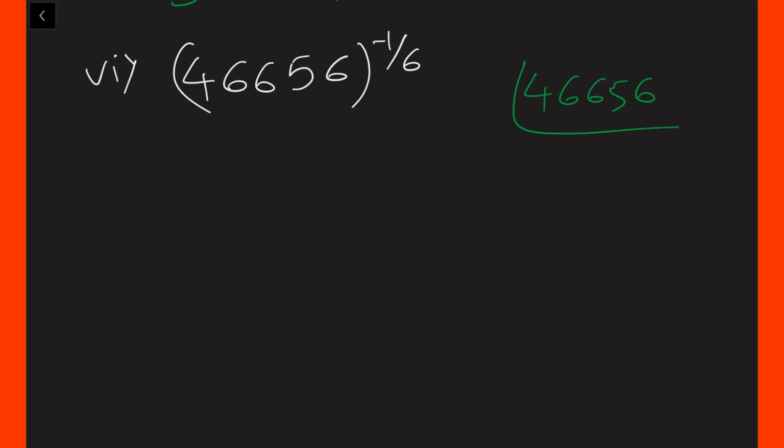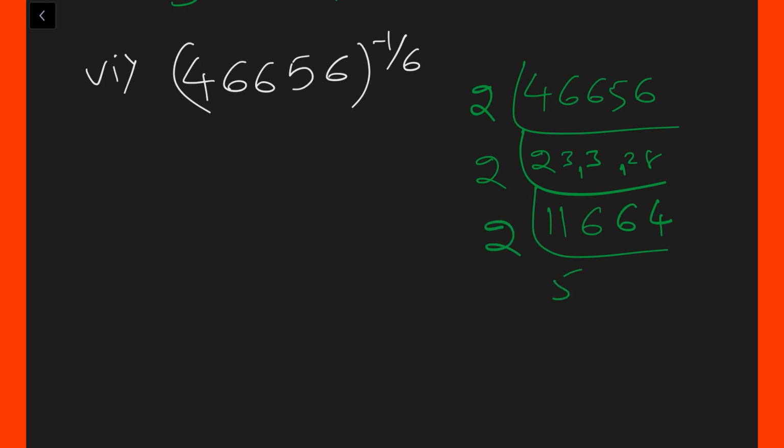I am going with the 2 table. 2 2s are 4, 2 3s are 6, 2 8s are 16, again 2 table. 2 11s are 22, 1 will remain. 2 6s are 12, again 1 will remain. 2 6s are 12, 2 4s are 8. Again 2 table. 2 5s are 10, 2 8s are 16, 2 3s are 6, 2 2s are 4. Again last digit is 2, so again it will come in the 2 table only. 2 2s are 4, 2 9s are 18, 2 16s are 32. Again last digit is 6, again 2 table only.